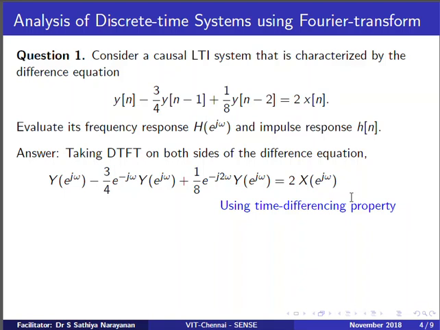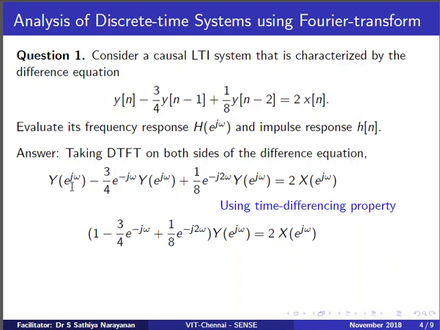So using the time differencing property, we have expressed the relationship between the input and output, originally characterized in terms of y of n and x of n, as X of e power j omega and Y of e power j omega. The next step: now we have Y of e power j omega terms on the left and X of e power j omega on the right.